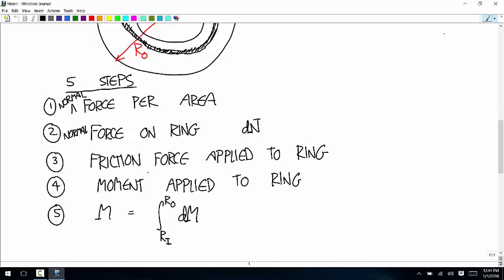The friction force applied to the ring is just the coefficient times the normal force. So that's going to be mu times that infinitesimal normal. The moment applied to the ring is going to be the moment arm times the friction force. So that's going to be R times mu d normal. And then integrate.